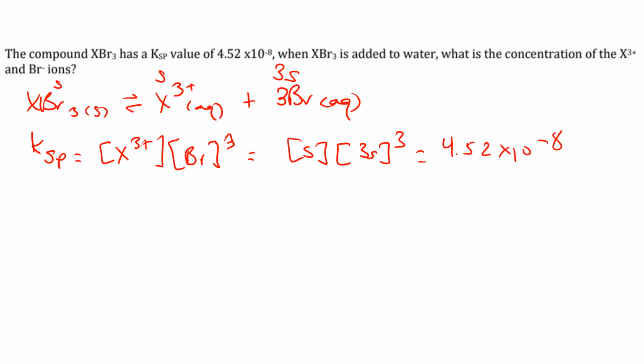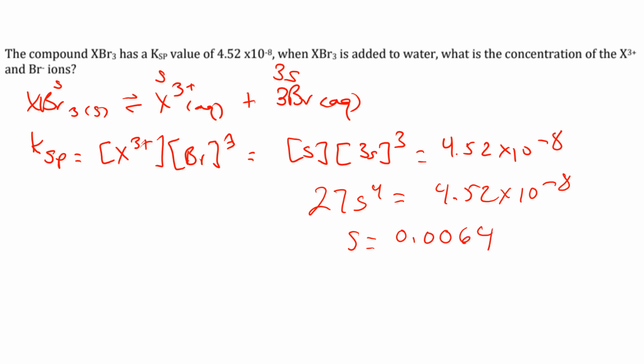So now I'm going to solve to get the S, and from there I can get the concentrations. So this is going to be 27S to the fourth equals 4.52 times 10 to the negative 8. You do your math, you end up with S equaling 0.0064 M. Just so you know, the 2 sig figs comes from here.